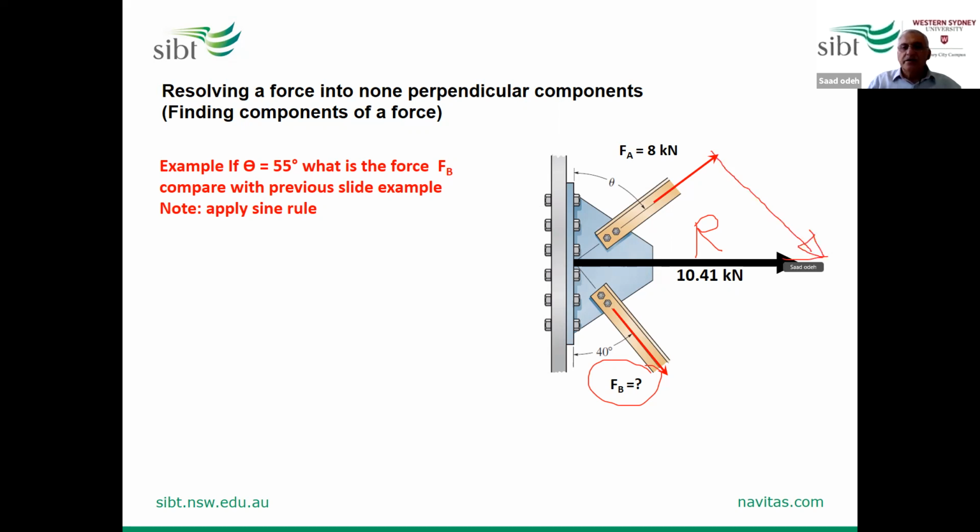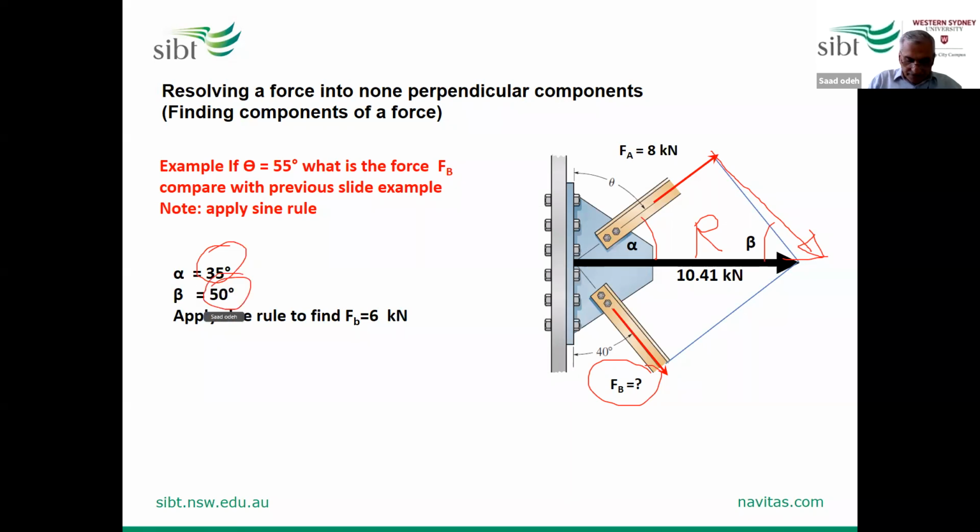If I know the angles, for example, here alpha and beta, or both of them are given, alpha is 35, beta is 50, then if I apply the sine rule to this triangle, I can find the unknown FB. This is FB here, the unknown force FB.